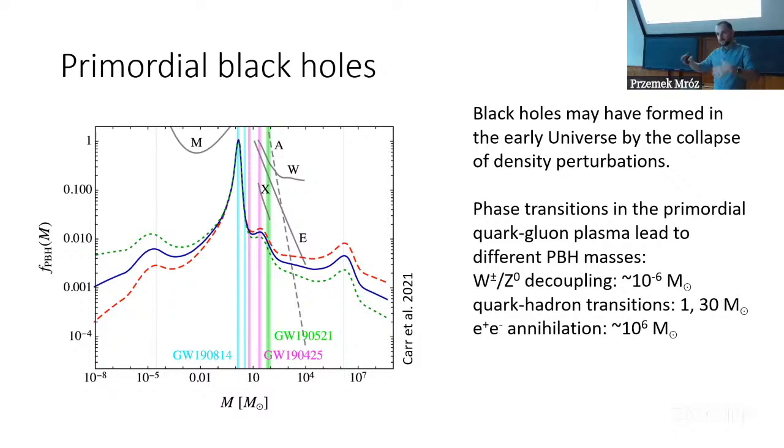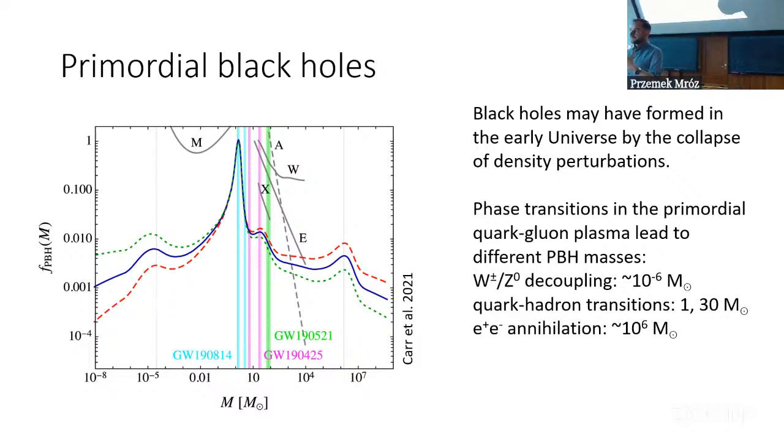But one particularly appealing idea is that these objects form during phase transitions in the universe, when we have some events in the plasma that change the equation of state, that change the speed of sound, and so on. So, for example, the coupling of W and Z bosons from this plasma may have given rise to formation of black holes with masses of planets. This is this peak.